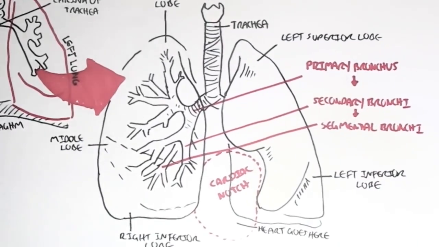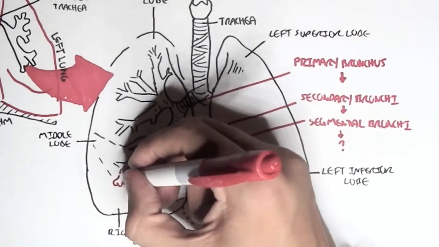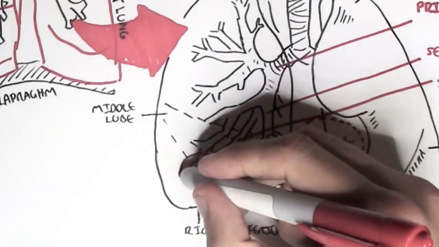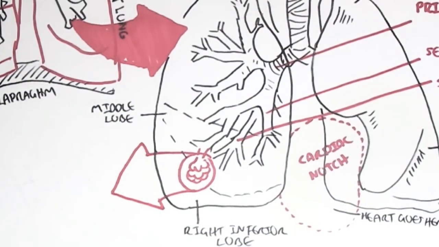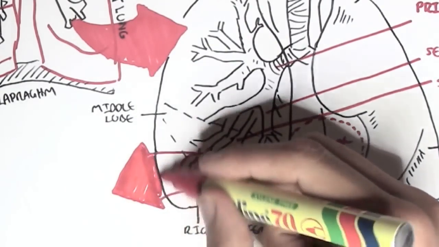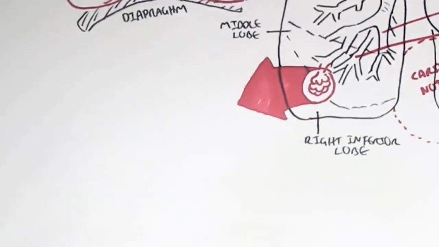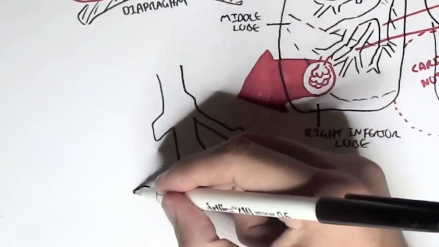And now also going back to the trachea, which then branches off to the primary bronchus, then secondary bronchus, then the segmental bronchi. What comes after this? Well, the last point of division, we have this sort of sac-looking thing. And this is known as alveolus, the alveolar ducts.